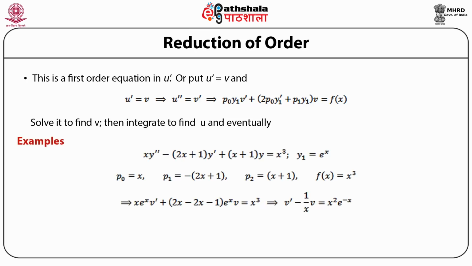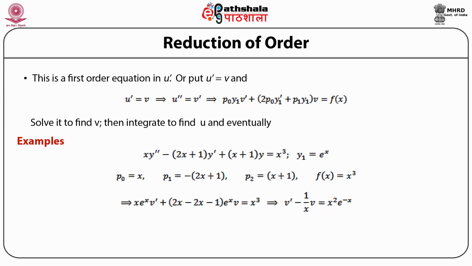Consider the differential equation x y double prime minus (2x plus 1) times y prime plus (x plus 1) times y equals x cubed. Given that y1 equals e raised to x is a solution of the complementary equation, then y is equal to y1 times u and u prime is equal to v.